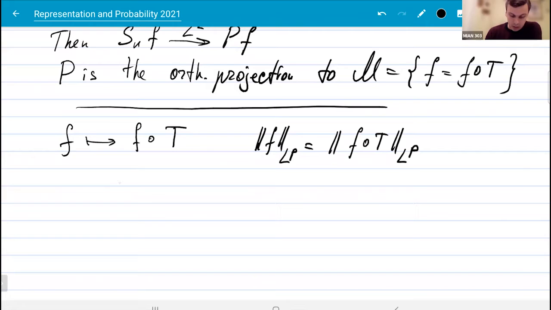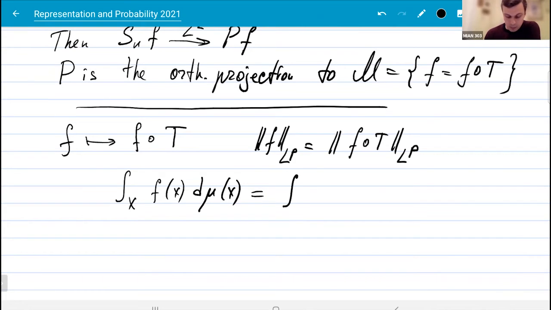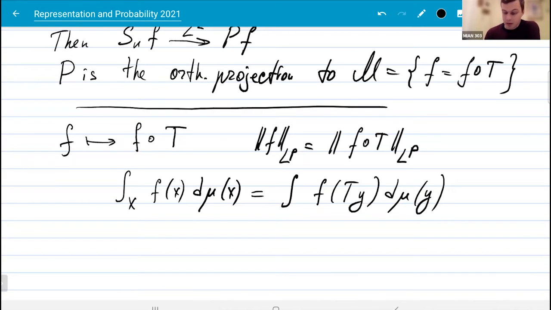So when you take the integral over x of f(x) d mu(x), you can just say that Ty equals x, and then you have a change of variables, and this change of variables doesn't change the measure, because you know that T conserves measure.